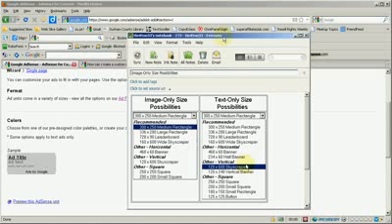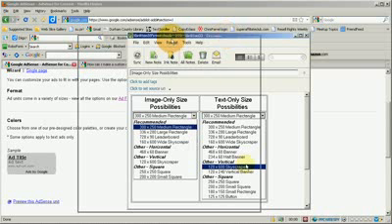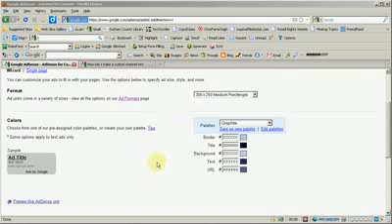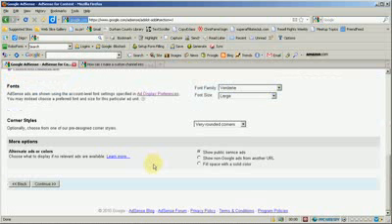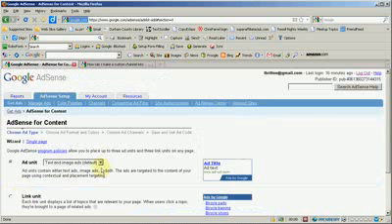Well, I haven't found out what the answer is to that one yet. I have no idea, but that's probably buried in the docs somewhere. But in the meantime, let's just go back to the image-only ads.